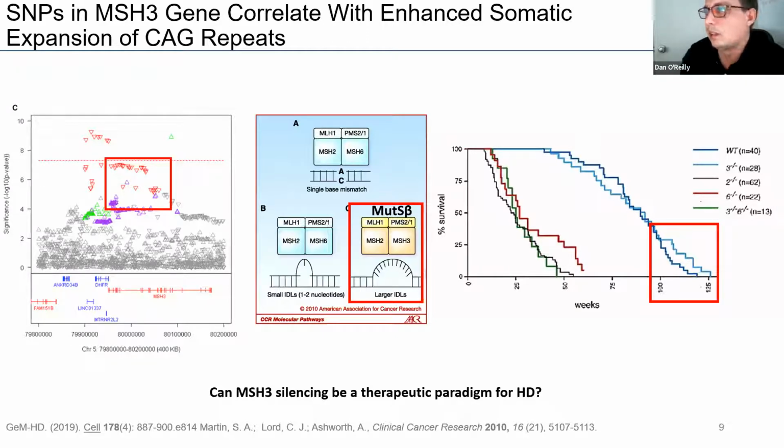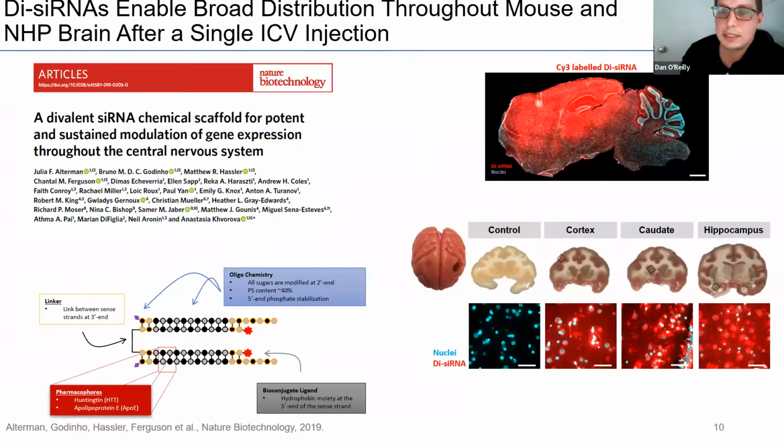This leads me to the divalent siRNA that has been previously published by the Khvorova lab, which allows broad distribution and great uptake in the mouse and non-human primate brain. Basically, the siRNAs are linked through the 3' ends, and this increases the size of the siRNA and prevents it from being cleared by the CNS.